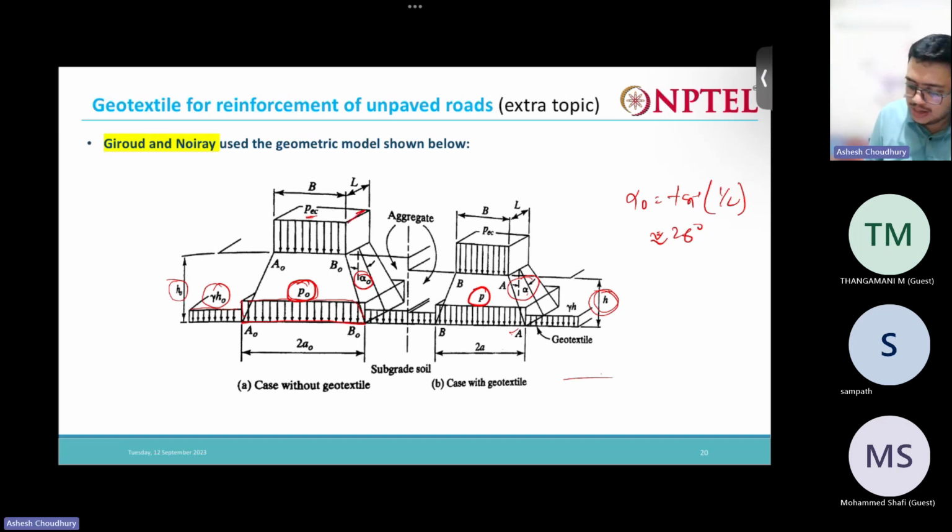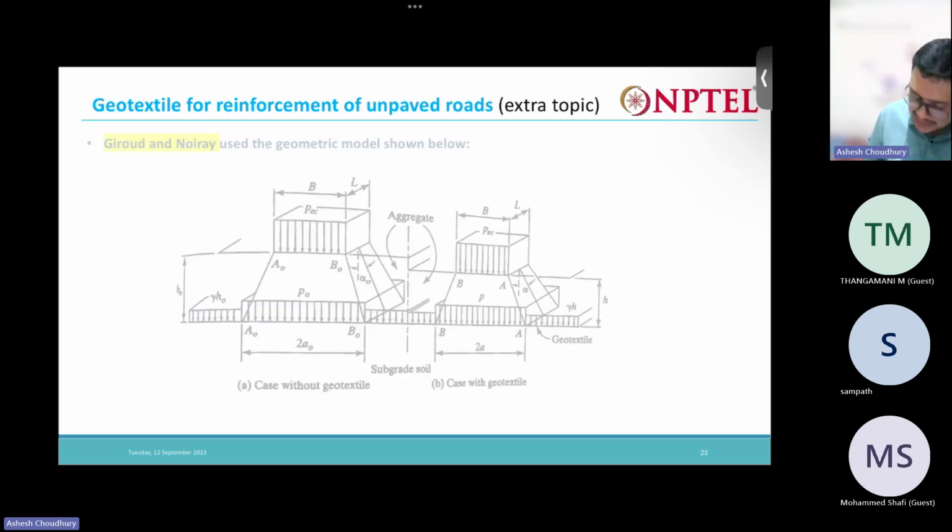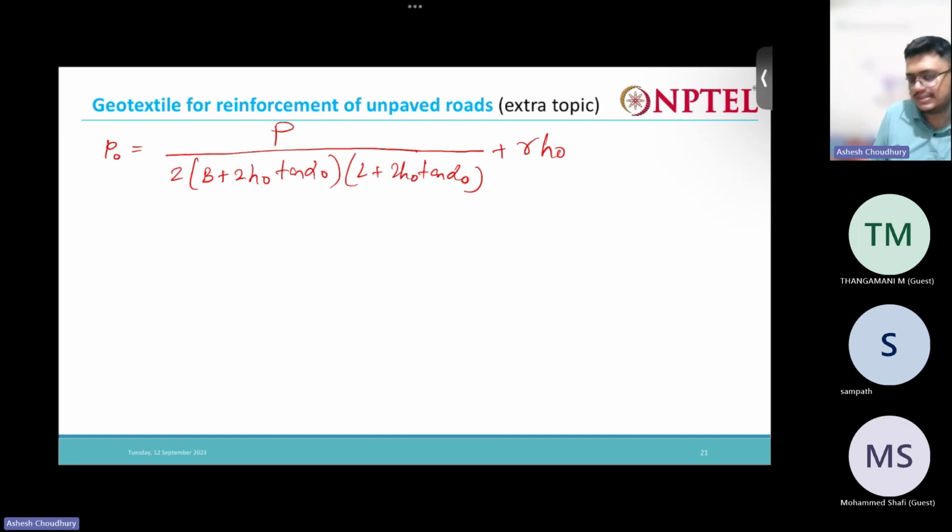This length into breadth is the tire contact area, and this area is getting expanded here below. So that expanded area is nothing but this.